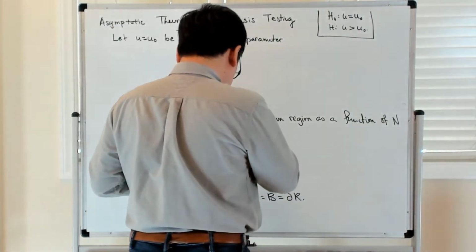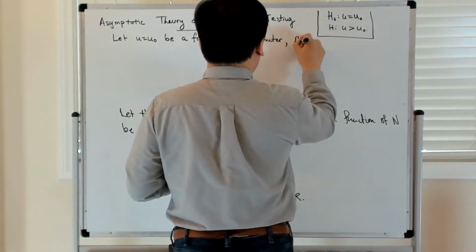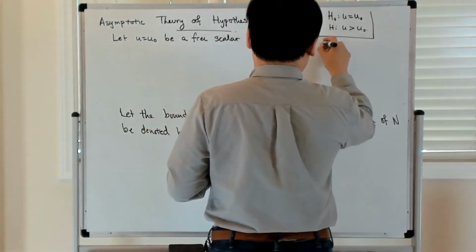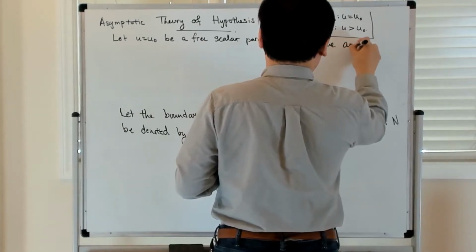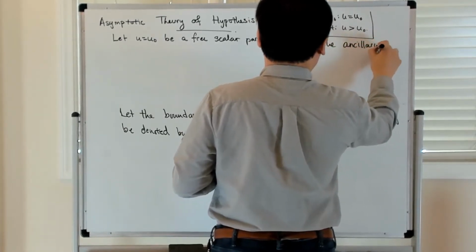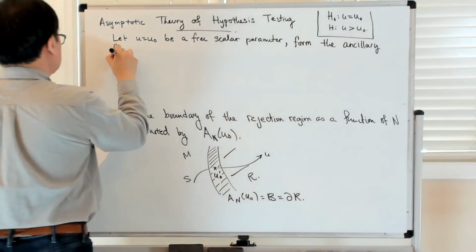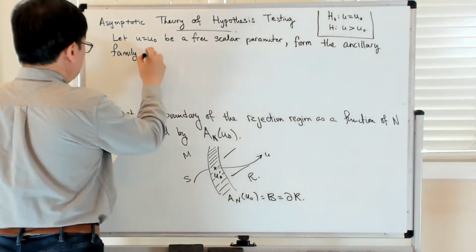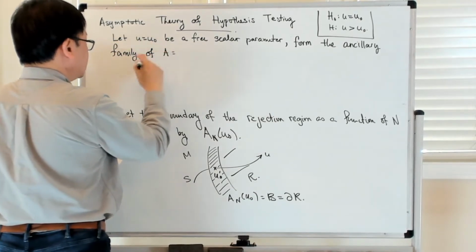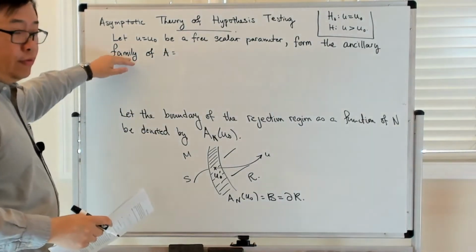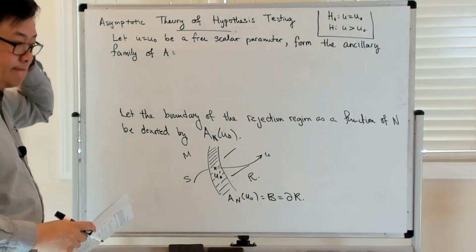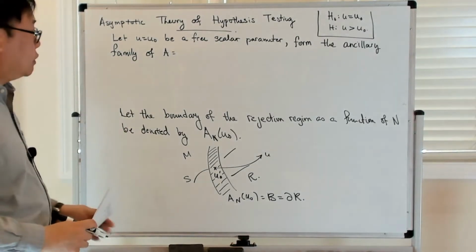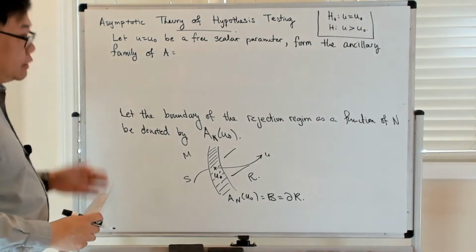Then you form the ancillary family A. This is the stuff which we saw before, when we were talking about estimators for curved exponential families.